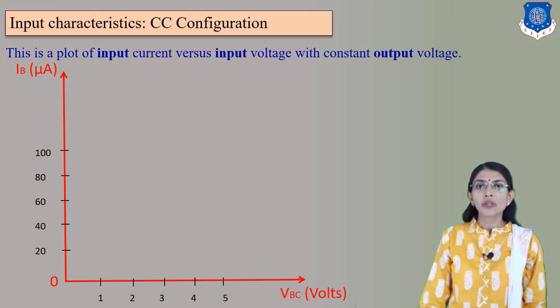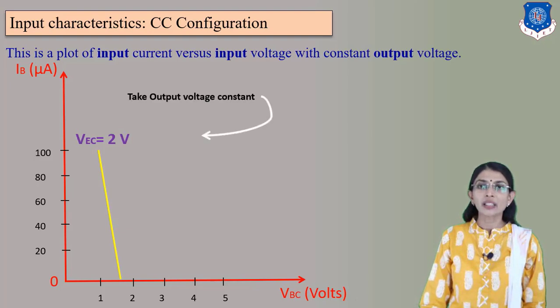Now, from the equations, again I will explain that the condition is output voltage is constant. So what will be the relationship between input current and input voltage? Then we will get this input characteristic graph, that is VEC constant equal to 2 volt, and we will measure VBC versus IB.